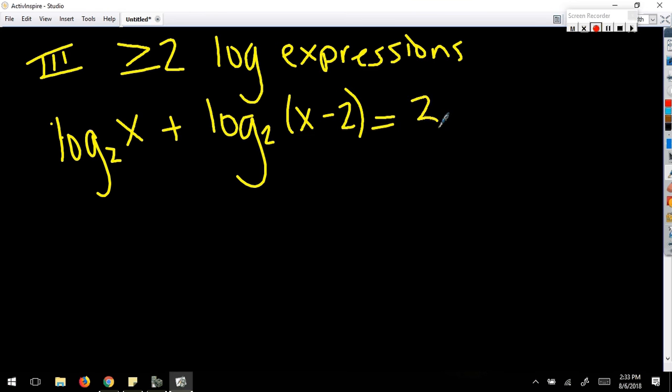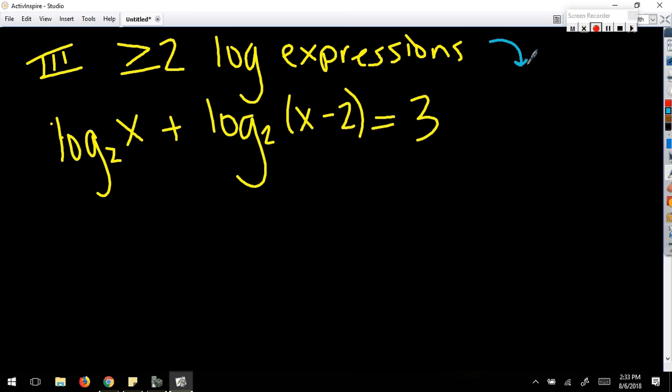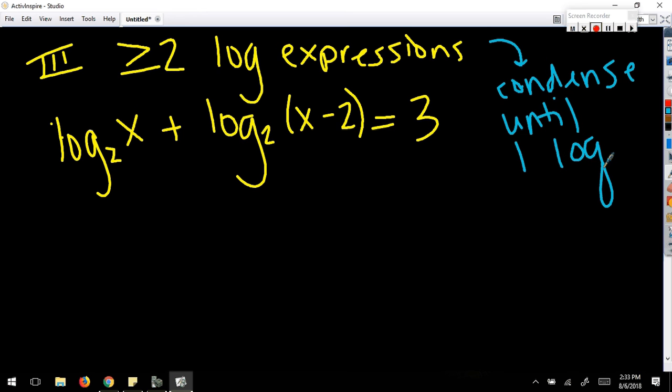So what you want to do when you find yourself with a situation like this is you want to condense all you can. And if you remember back, that's using those log properties. We want to condense until we only have one log, because then we can go back to that scenario number 1 and we can use that to actually solve.